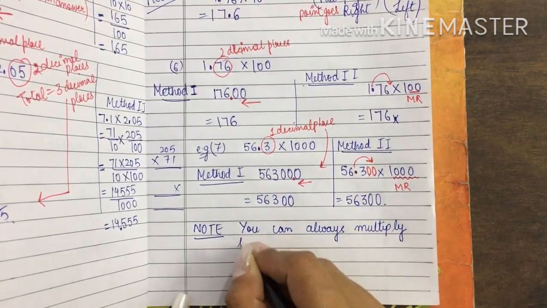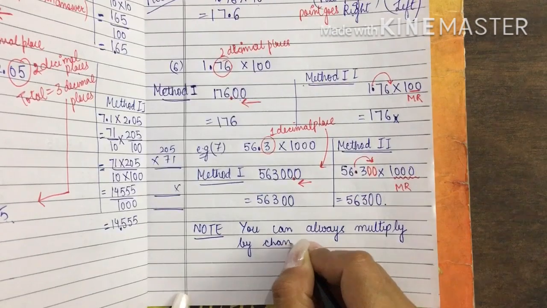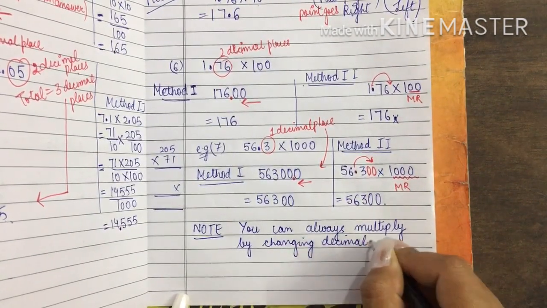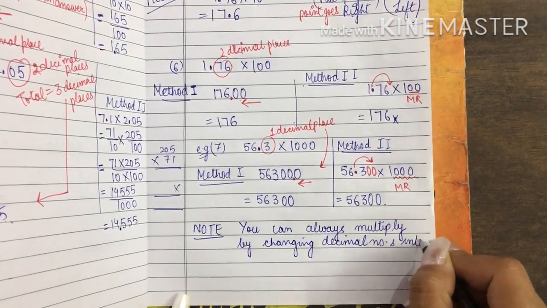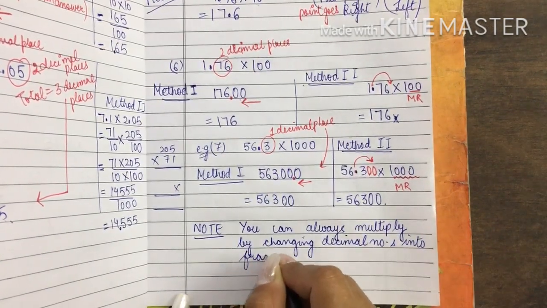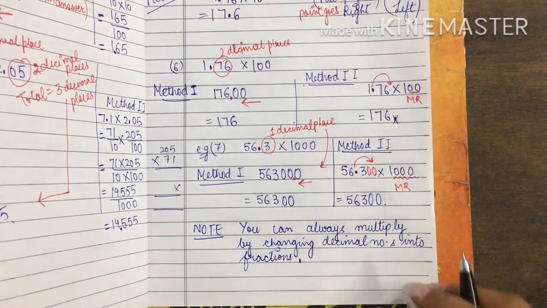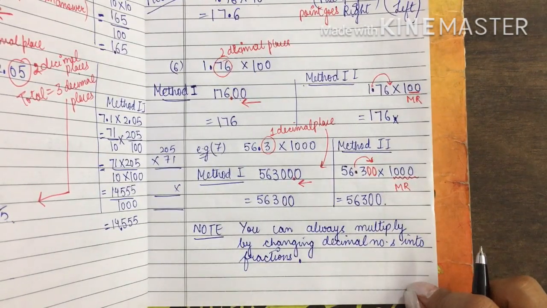You can always multiply by changing decimal numbers into fractions. And we have practiced so many questions where we learned how to multiply fractions.